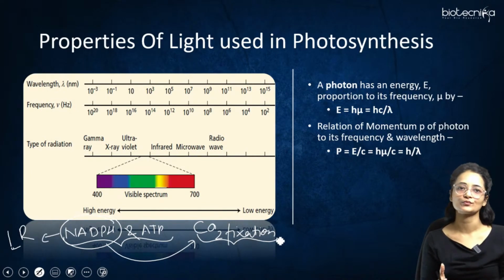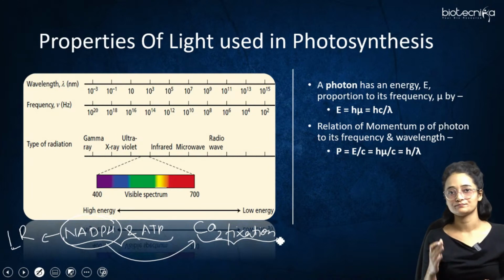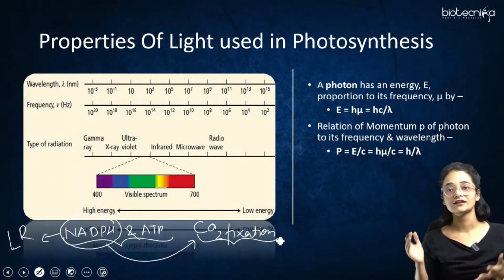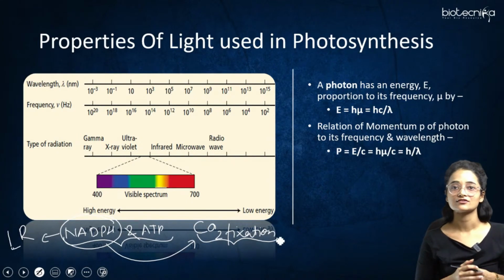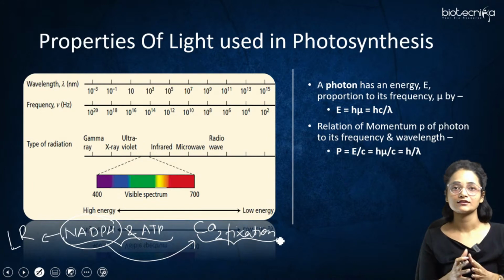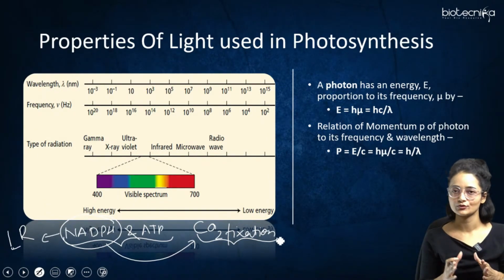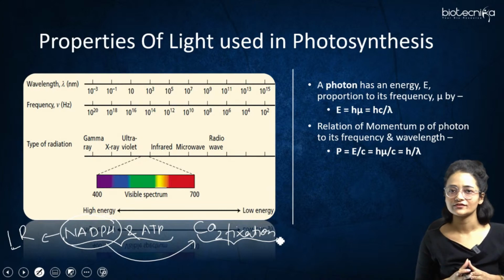Calling it a dark reaction would be wrong, but calling it a light independent reaction would be much more justified, because in standard books, if you see Taiz and Zeiger for photosynthesis and for unit 6, I would refer you to study from Taiz and Zeiger. This is the best book for studying this particular unit 6, and in that also the 5th edition.